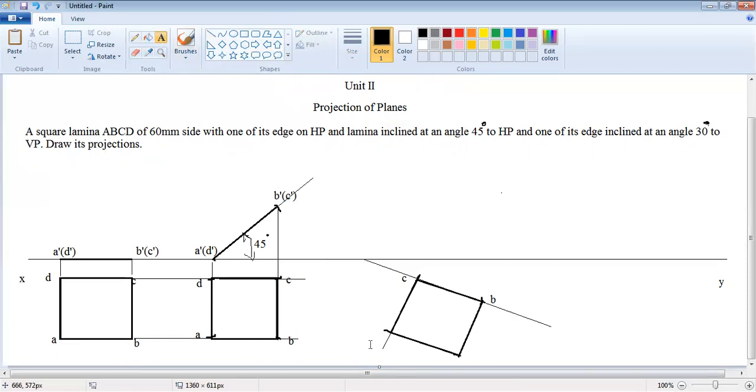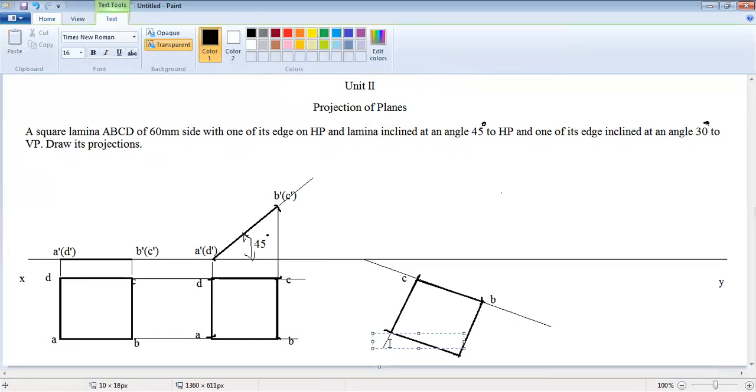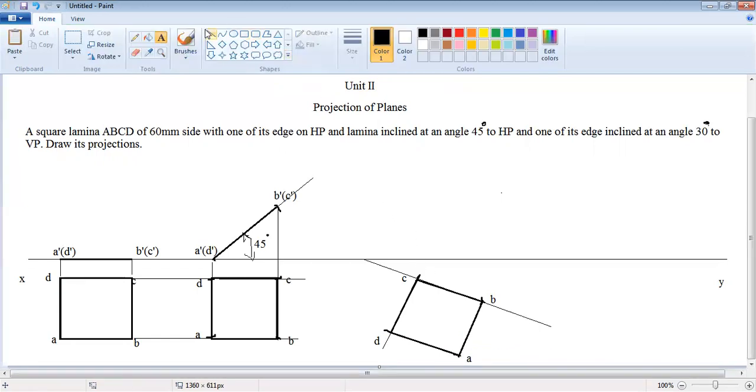And then this is D and A. So now we are going to draw the final view.